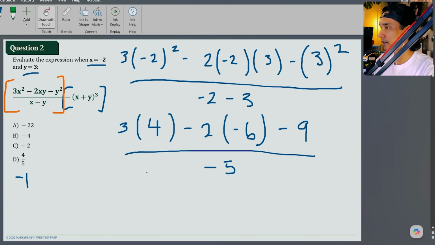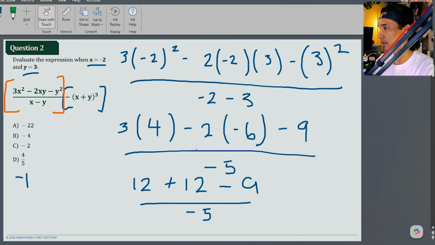Okay, let's just simplify further. What is 3 times 4? That's 12. What is -2 times -6? That is positive 12. And this is -9 over -5. Okay. And then what I'm going to do next is combine this.